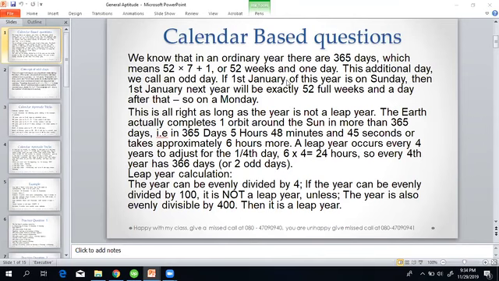If 1st January of this year is on a Sunday, then 1st January next year will be exactly 52 full weeks and a day after that, so on a Monday. The 52 full weeks complete on the same day, Sunday, and the day after that has to be Monday.